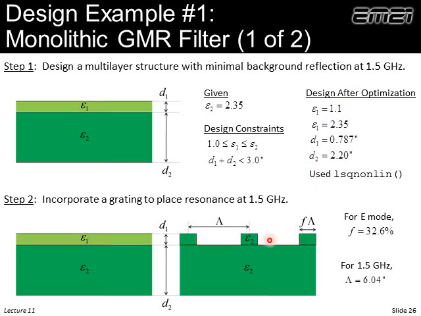So if we etch this grating in here, this device will have the same background response as our original device if we've calculated that duty cycle correctly. And then finally, the last thing we need to do is actually adjust what the period is. We'll keep the duty cycle fixed, but we adjust the period until we see a resonance at, let's say, 1.5 gigahertz. And it turned out when the period's around 6 inches, we got a resonance at around 1.5 gigahertz.